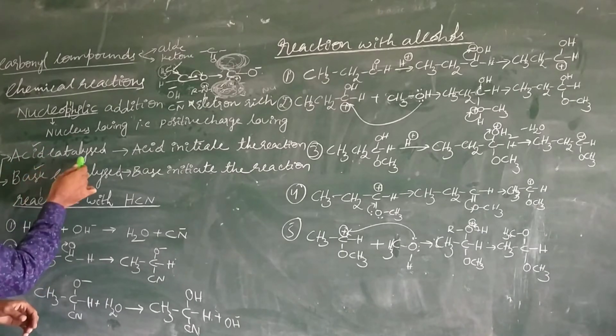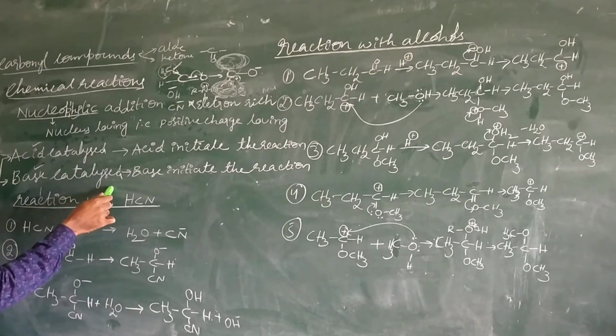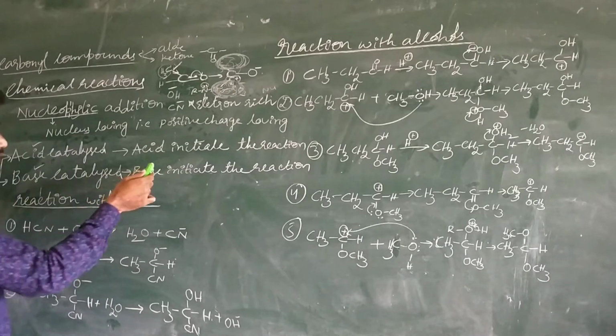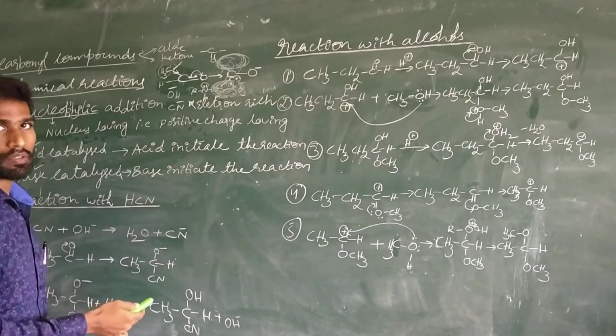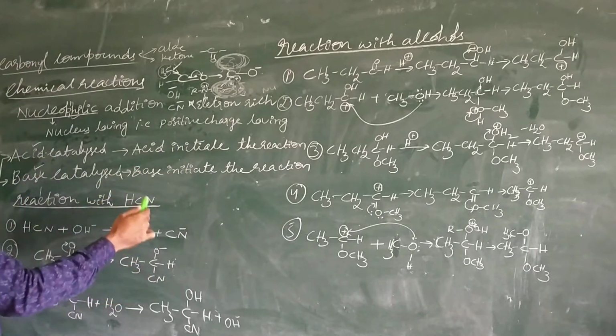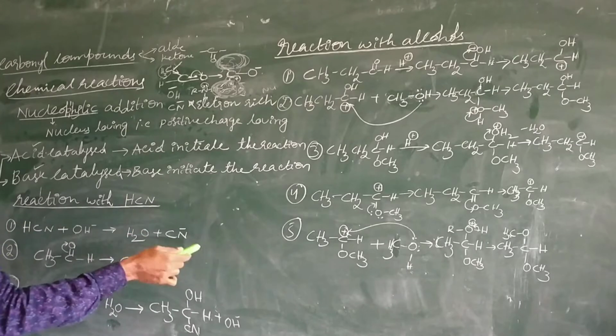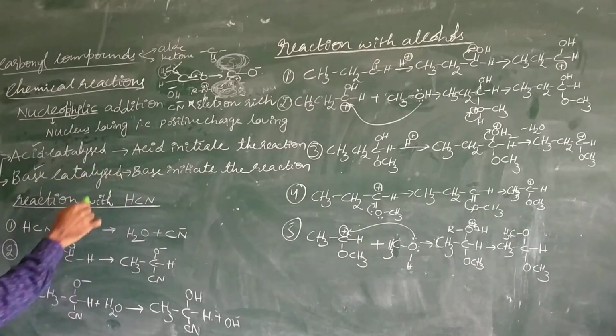Sometimes the acid is catalyzing the reaction, and sometimes the base is catalyzing the reaction. Acid catalyzing is nothing but the acid initiating the reaction. If it is base catalyzed, the base is initiating the reaction. Here the initiators are either acids or base. In some chemical reactions, acid is initiating, and in some, base is initiating the reactions in carbonyl compounds.